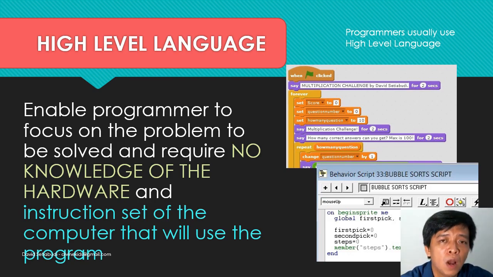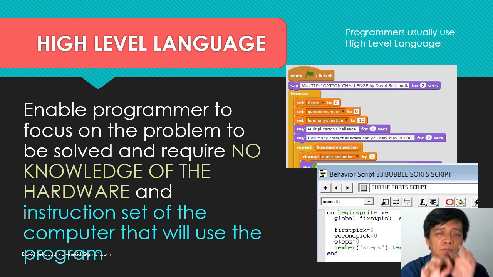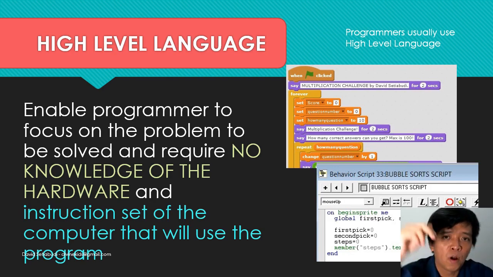So let's say you are going to create a game. You just use the program. You type the program that you want for the character to jump from the left to the right and the enemy hits the power and so on. Let's say you are going to create a game program. You don't need to understand how to command the processor.